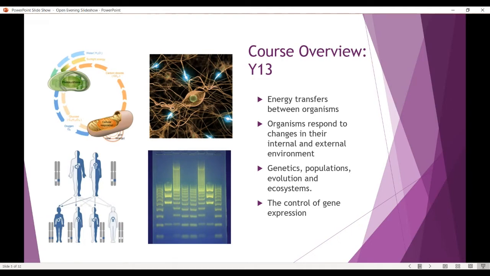We'll build on what we did in year 12 and then look at some more genetics and evolution and how that affects populations, particularly in ecosystems. And finally, at the end of year 13, we'll look at the control of gene expression and really focus on gene technology, which is a big area of research in biology at the moment.